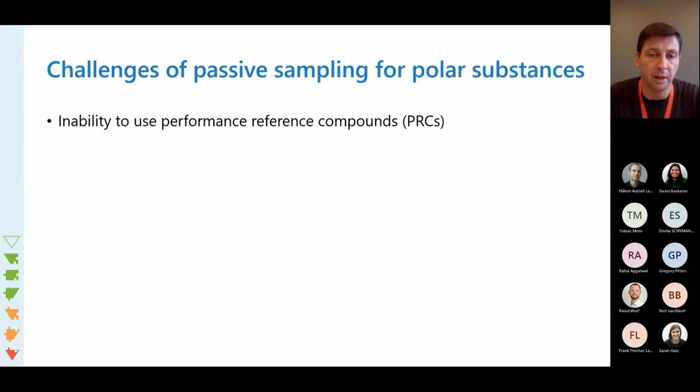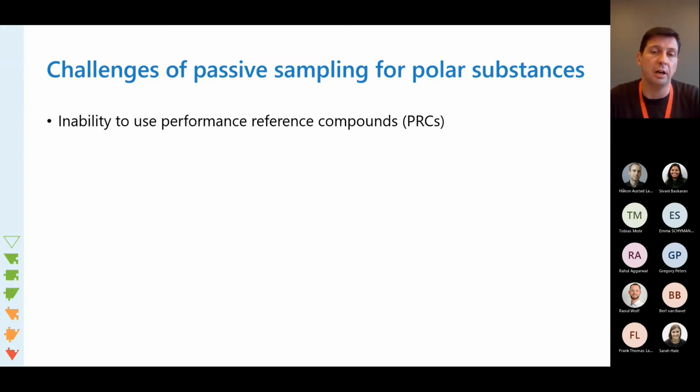These PRCs are usually spiked into samplers like silicone LDPE, and these compounds that are not present in the environment will be released over time during exposure in the environment. And the dissipation of these compounds will inform us on the kinetics of uptake into the samplers.